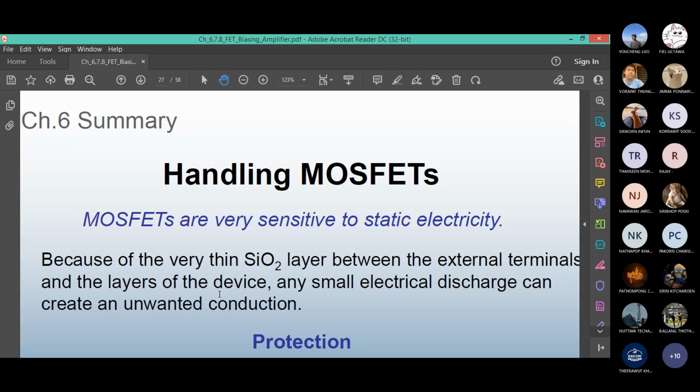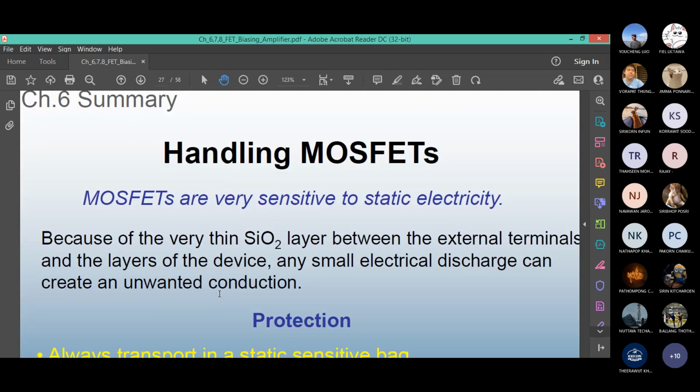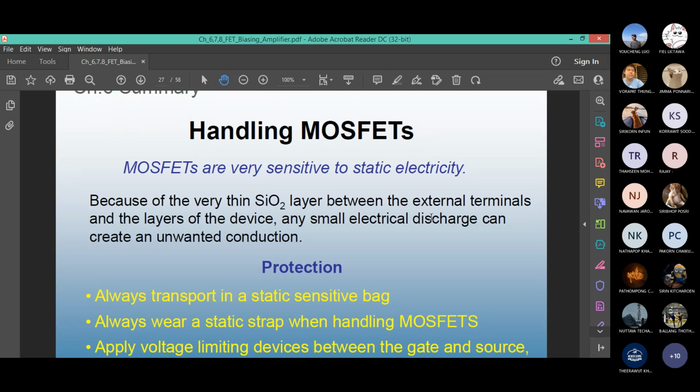If you are handling MOSFET by yourself in the lab or in the factory, you have to be extremely careful because they are very sensitive to static electricity.